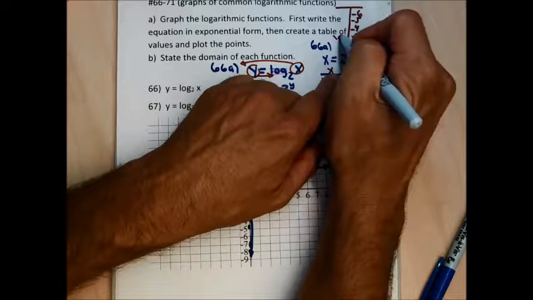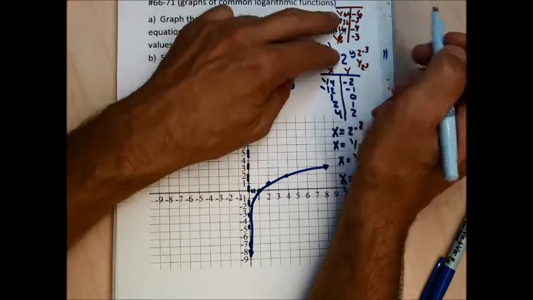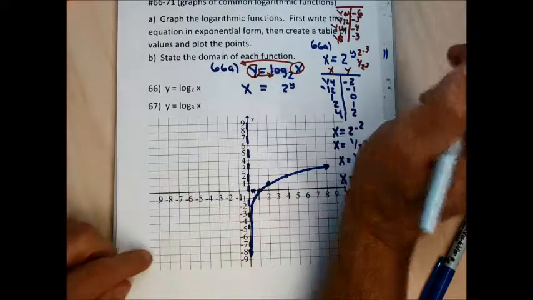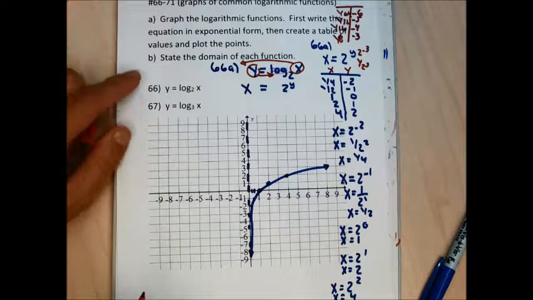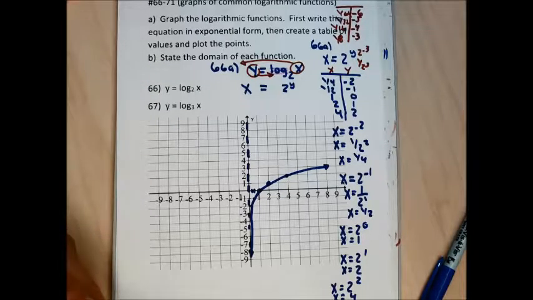If you look at the numbers, I see 1/2, 1/4, they'd go 1/8, 1/16, 1/32, 1/64. The x's will never ever be negative when I do my y's this way. In fact, to find the domain, which I need to do in part B of a logarithmic function, I need to take that into consideration.